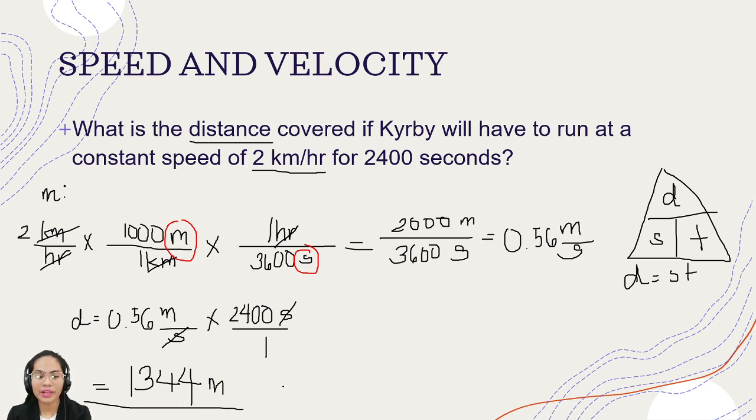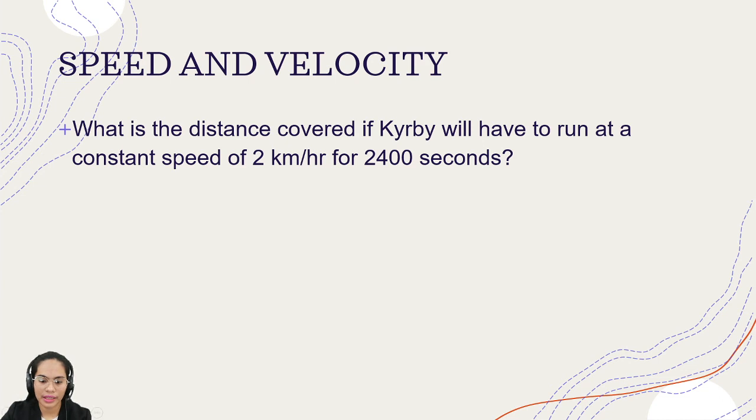So what if we are going to find the distance using kilometer as our unit? Let's erase this one. If we are going to find kilometer as our unit, there's no need for us to convert the speed, but we need to convert the time and turn it into hours.